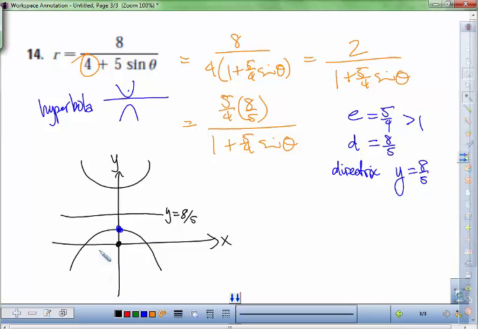This is the point (0, 0), that's the origin. And this would be the point (0, 8/5). That's how the polar coordinate conic sections are. The focus is always the origin. There's another focus up here.